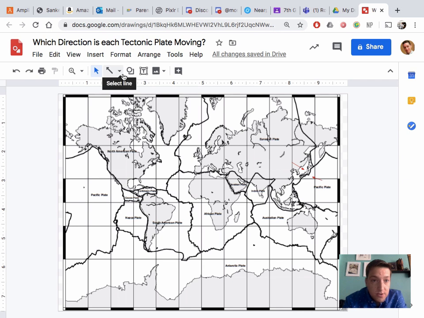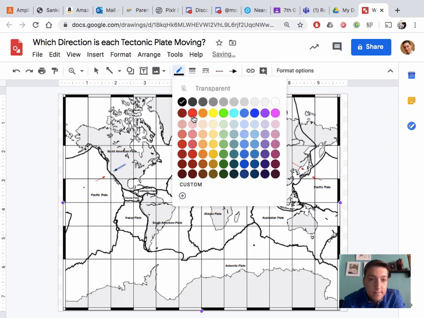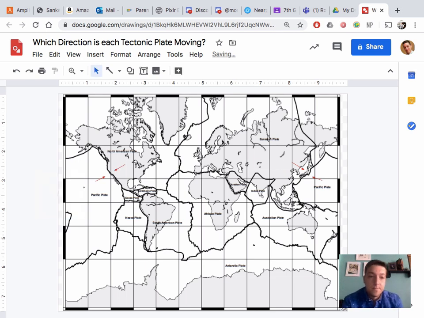Where else were there volcanoes? Let's see. I remember here near California. So red is convergent. So already, if you look at these two arrows, it looks like the North American plate is probably moving maybe west or maybe south.